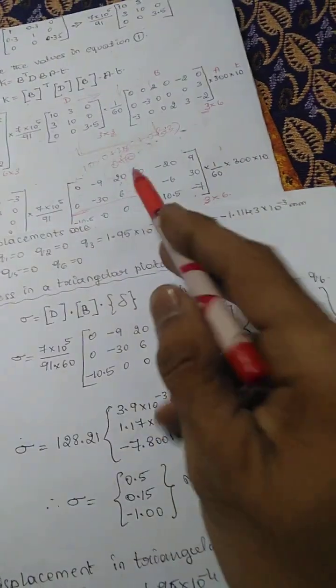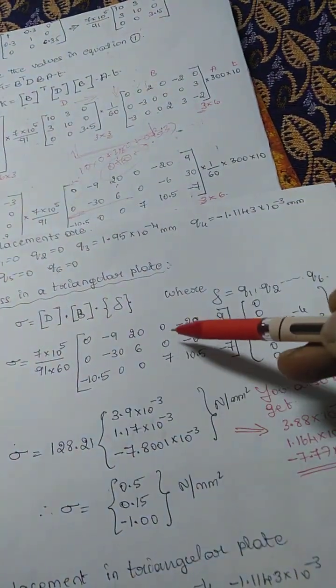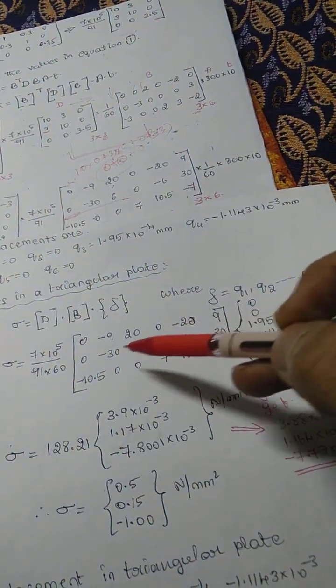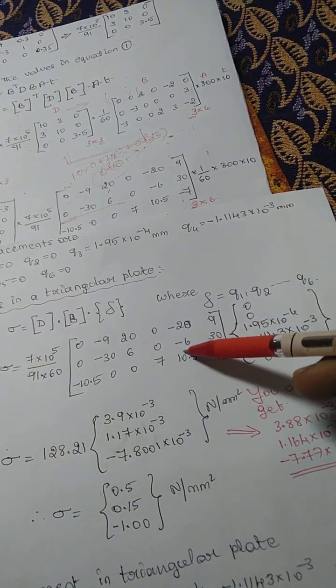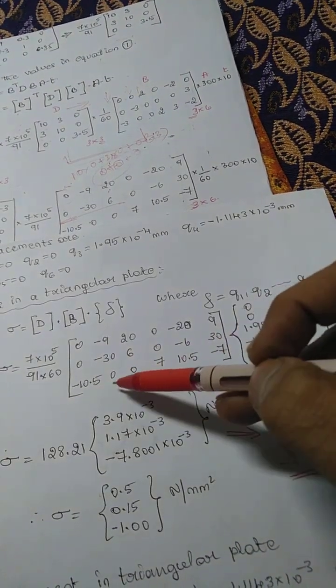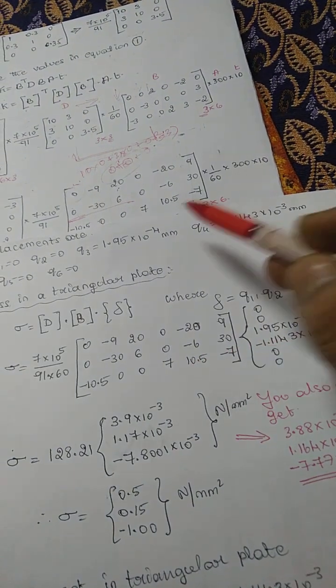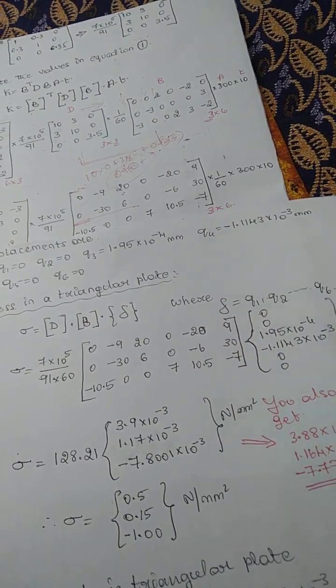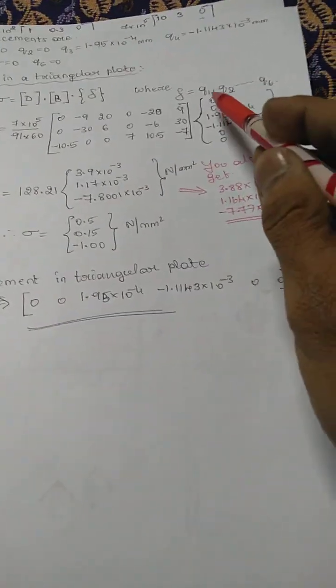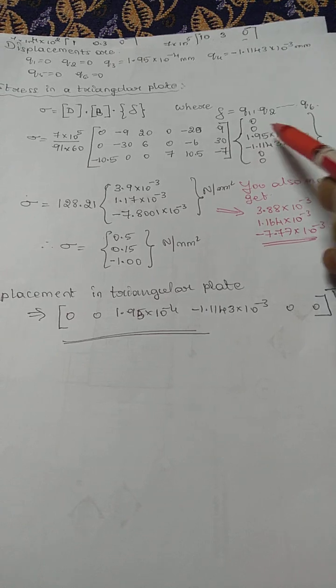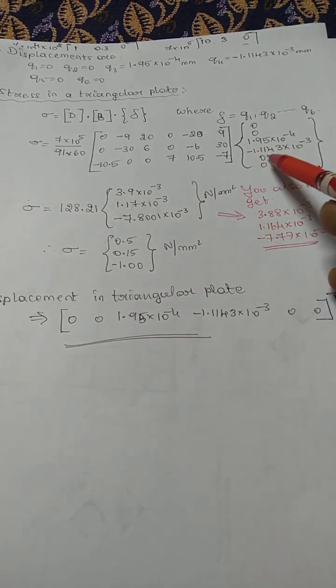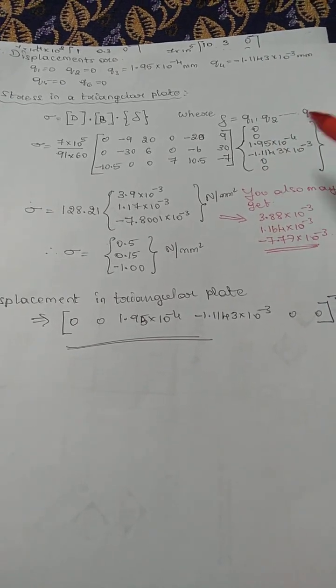See, 0 minus 9 20, 0 minus 29, 0 minus 36, 0 minus 6 30, minus 10.5, 0 0 7, 10.5 minus 7, same values. Now into the displacement: q1 and q2 are 0, q3, q4, q5, q6 as well 0.